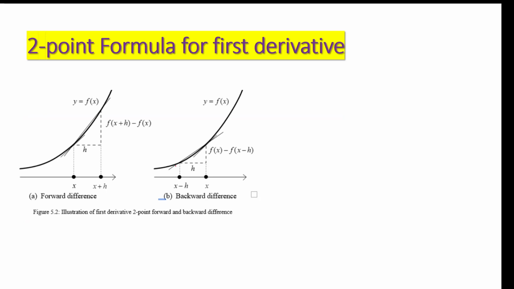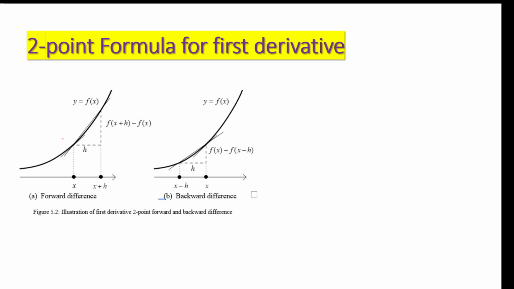First of all, we look at the 2-point formula for the first derivative. You can have the 2-point forward difference or the 2-point backward difference. In figure A, you are standing at the point x, and the point ahead with interval h is x plus h.